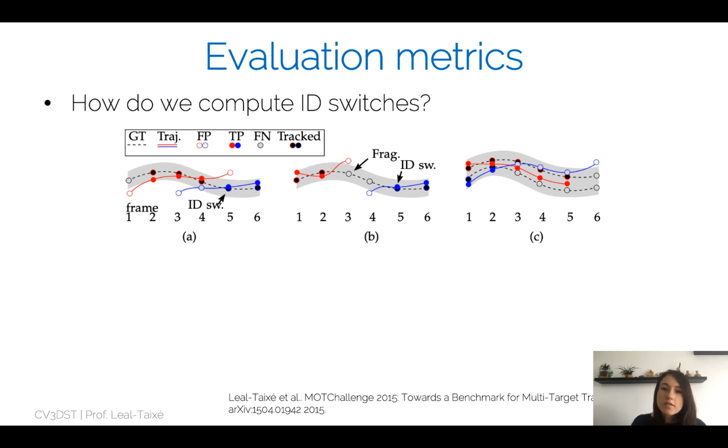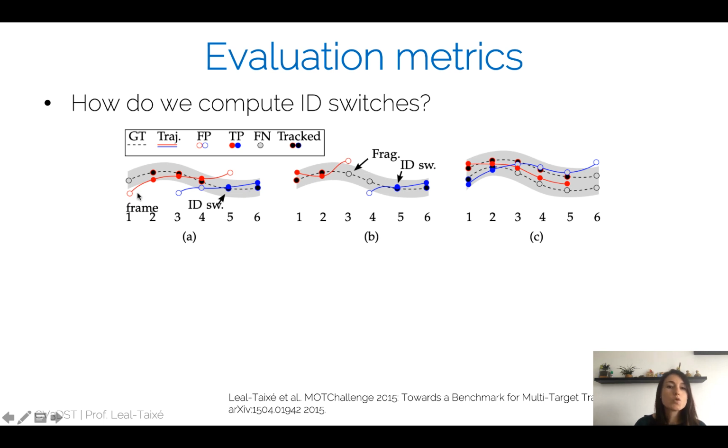So the computation of identity switches is actually not so trivial. We can have different scenarios in which identity switches can be present. Here we have, for example, these three scenarios. In the first scenario, we have the ground truth trajectory here as a dotted black line.